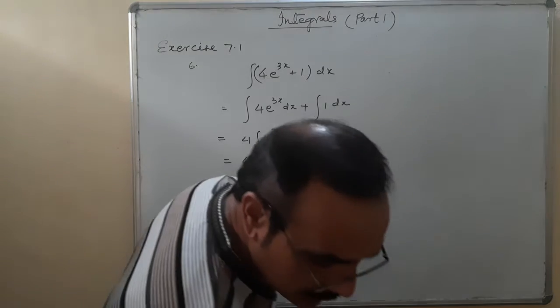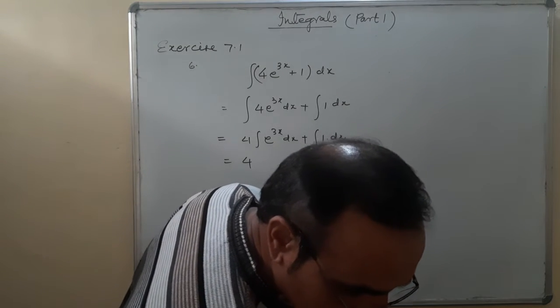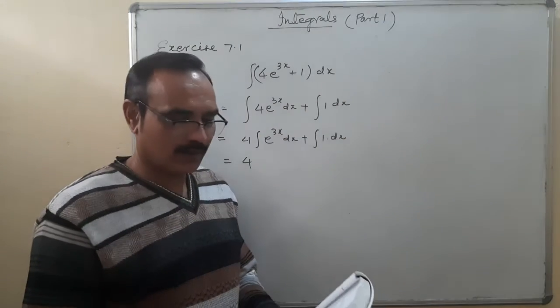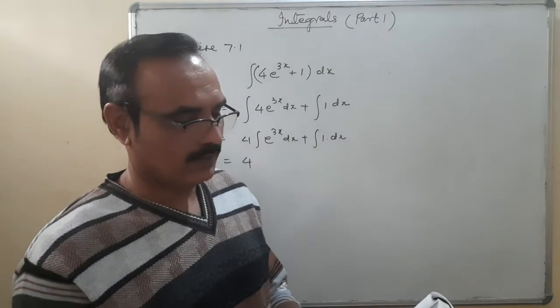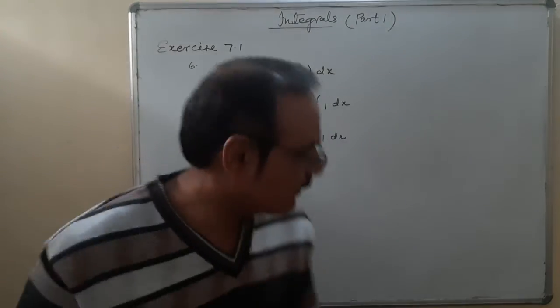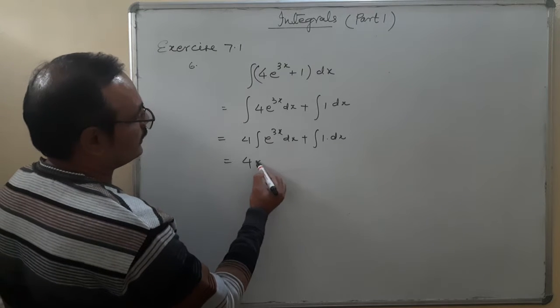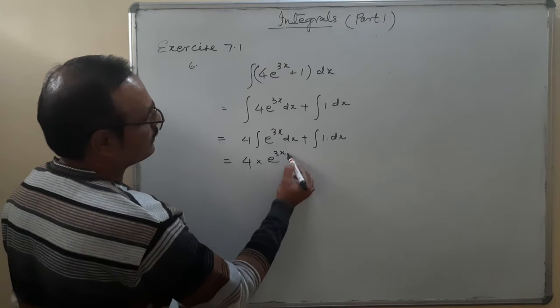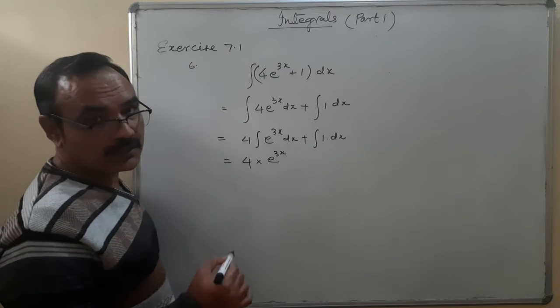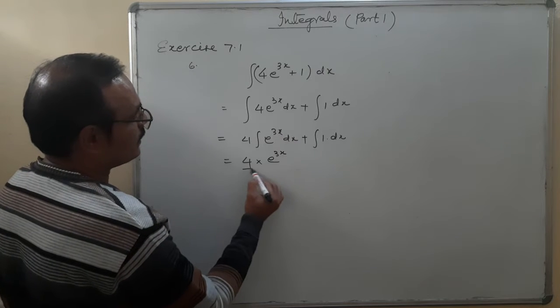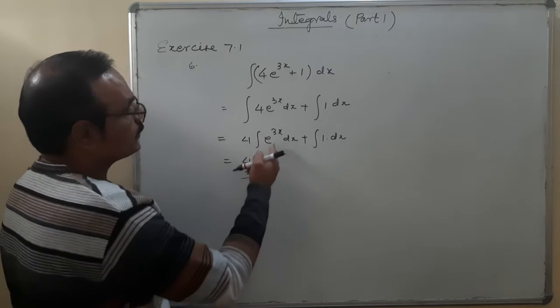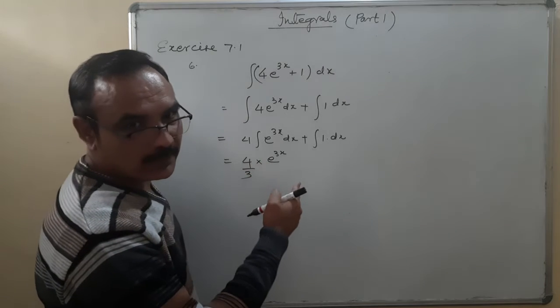What is the integration of e to the power 3x? E to the power 3x and upon 3. Why upon 3? Because you can check it by the inspection method.